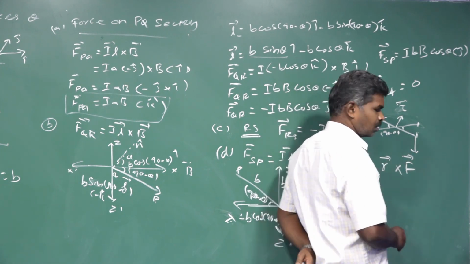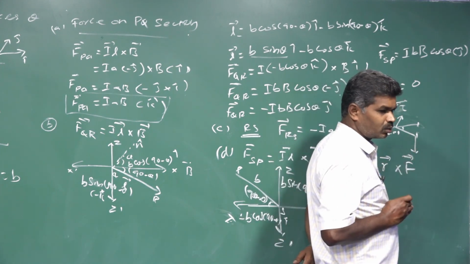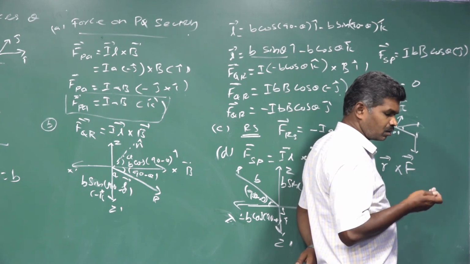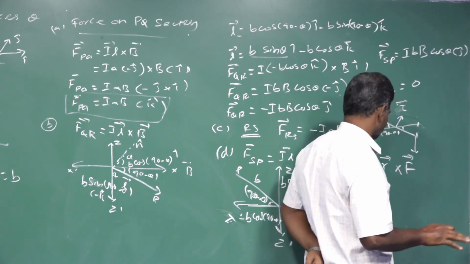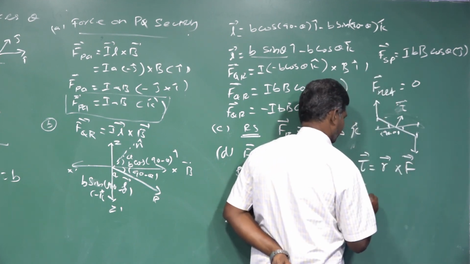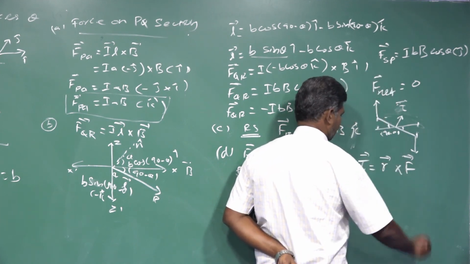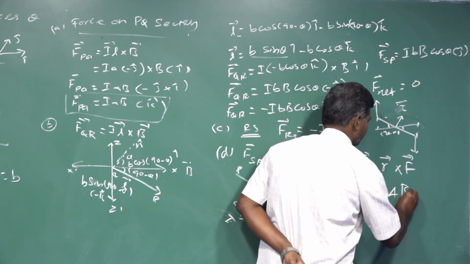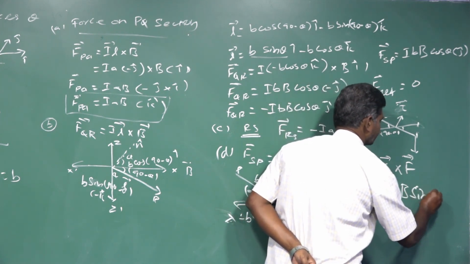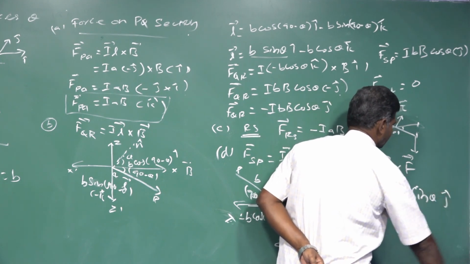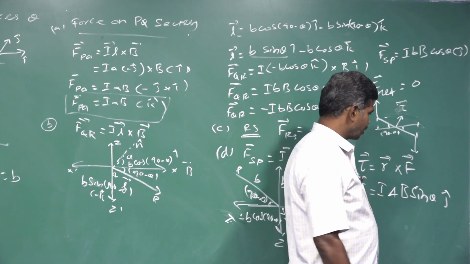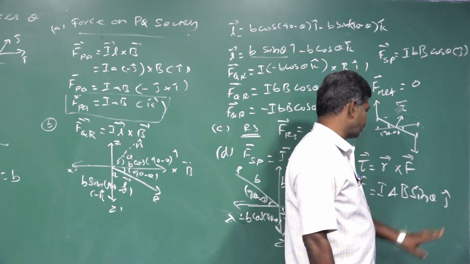But the two torques are added, each with b by 2 sin theta, and finally we get the torque vector equal to IAB sin theta into j cap. The direction of that torque is along the y direction.